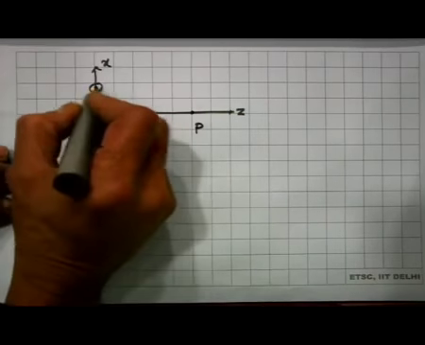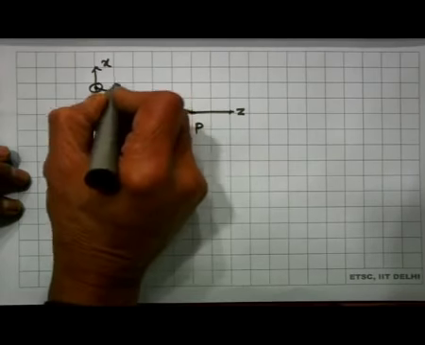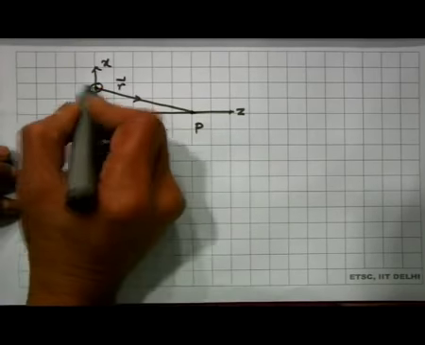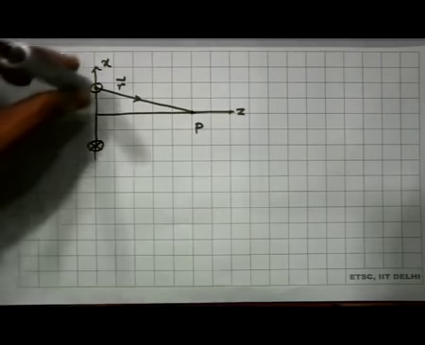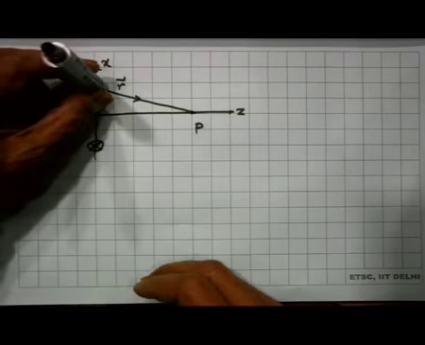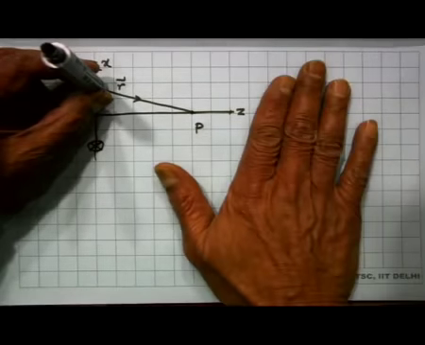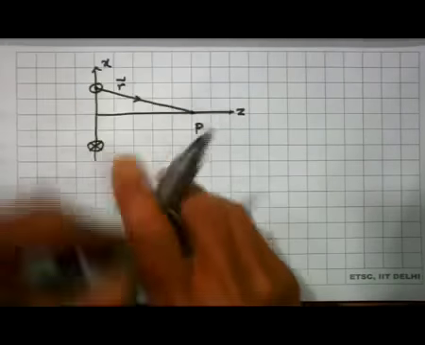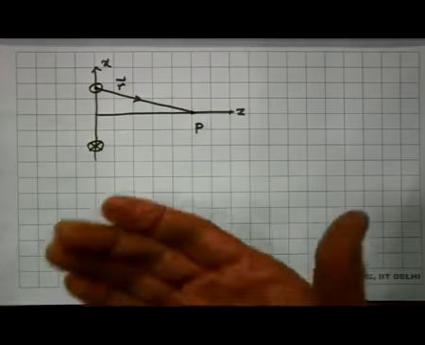Because of this element, this is the r vector, and this is the dl vector. So dl cross r. The dl vector is perpendicular to the page. So the vector perpendicular to dl will be in the plane of the paper, and that vector has to be also perpendicular to the r vector. So for the magnetic field produced by this, I must use the right-handed screw rule.